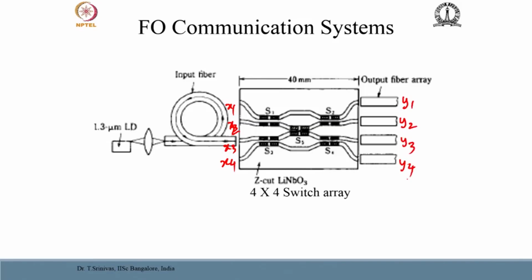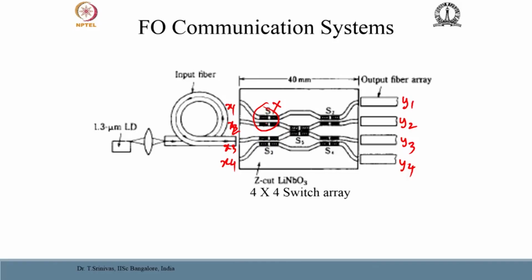So, the specification is given in terms of a transmission matrix, for example X1 going to Y4 and X4 going to Y1 and so on and so forth. As you know, the operation of an optical switch, for example the first switch, could be in a crossover state or bar state. Each of these switches could be programmed to be in any of those states, and it is possible to program these such that you get the desired connectivity.